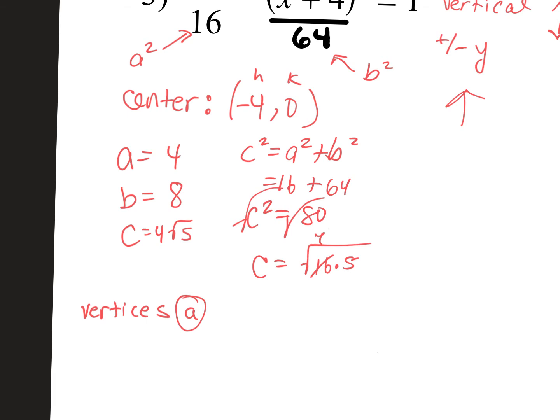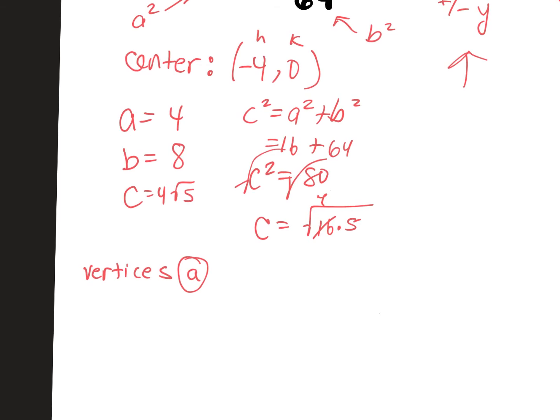Since it's a vertical, you're adding and subtracting to what? The Y. Good. So my vertices are going to be at -4. If I add 4 to 0, I get +4, right? And then I have -4. If I subtract 4 from 0, I get -4. There's my vertices. If you need to draw yourself a picture, draw yourself a picture.